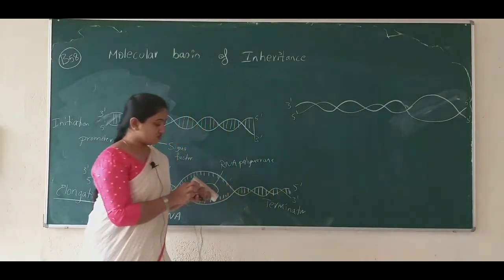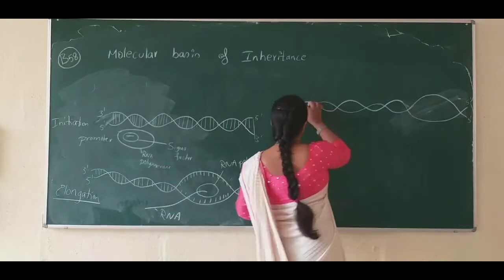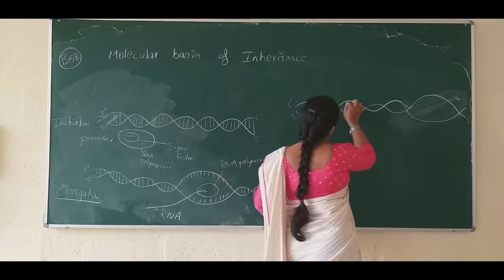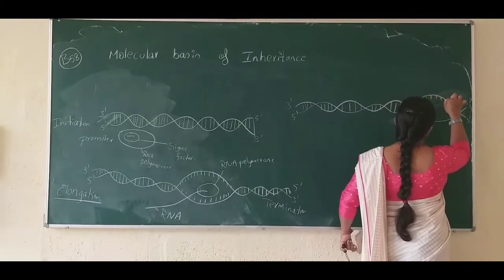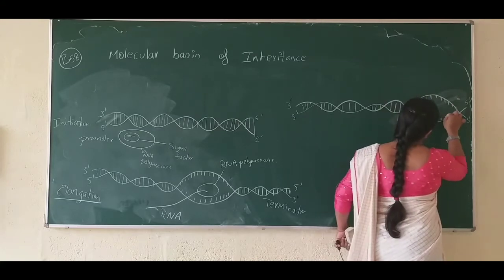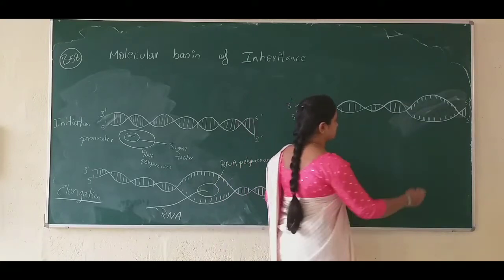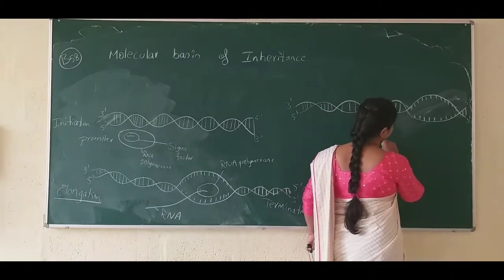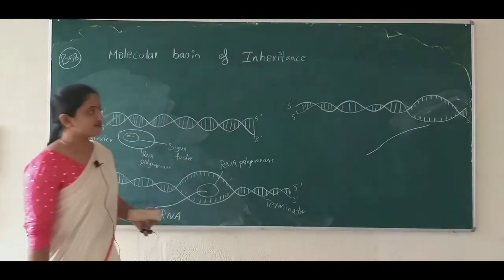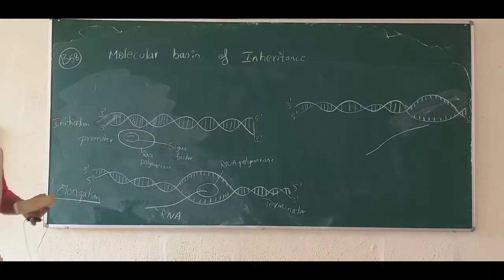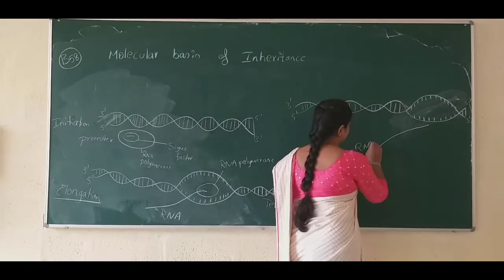Okay. Now, what are the things you have to label here? First, you have to show the nitrogen bases, and here you have to show the breakage of hydrogen bonds. And you have to show an RNA strand.